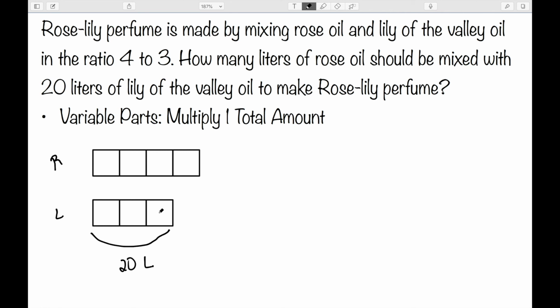Since one group of lily oil is 3 parts and we want 4 parts of rose oil, we need to divide 4 by 3. This tells us how many groups of lily oil make the amount of rose oil we need. So 4/3 is the number of groups of lily oil that make the rose oil we need. And since we have a total of 20 liters of lily oil, we then multiply by 20.